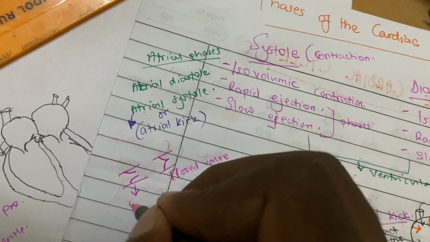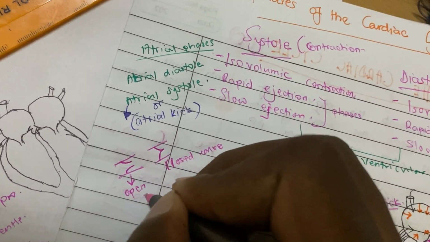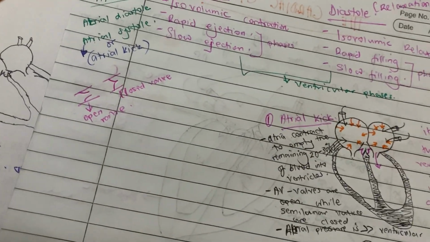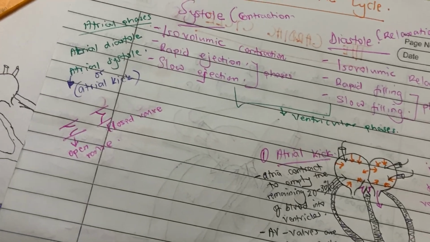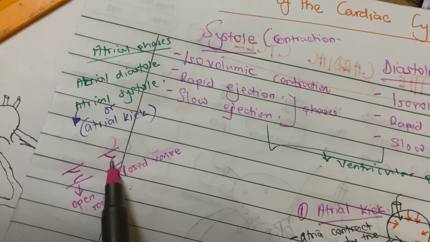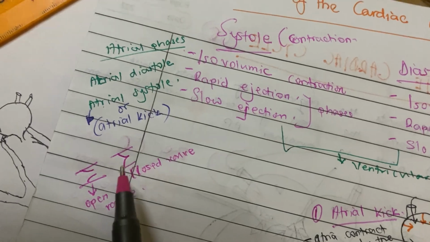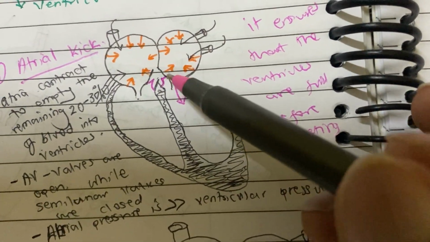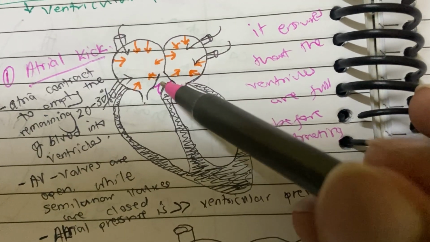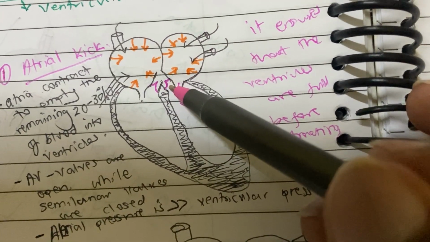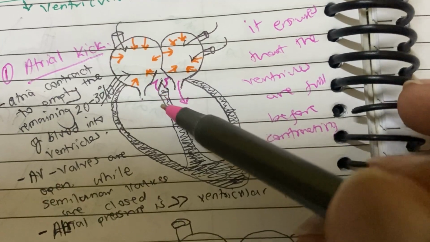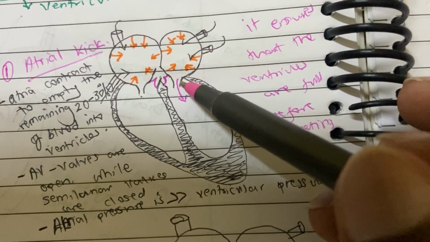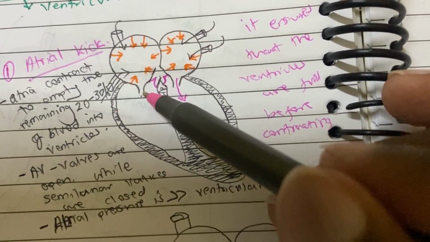This one is an open valve. That's how we indicate them in cardiology, and this is how they close anyway. So closed valve like this, open valve like this. If you see here in this pink, closed, this is the aortic valve, pulmonic valve. If you see this, open, this is the mitral valve, tricuspid valve.